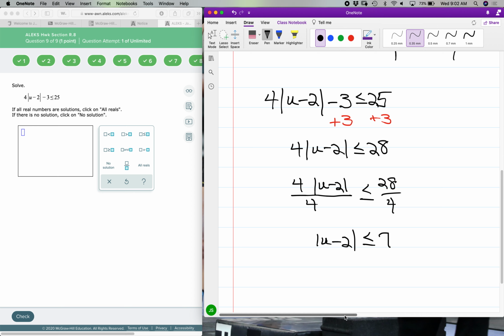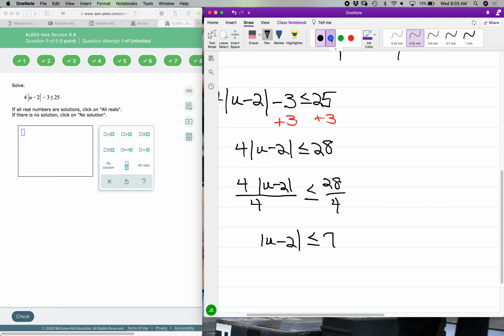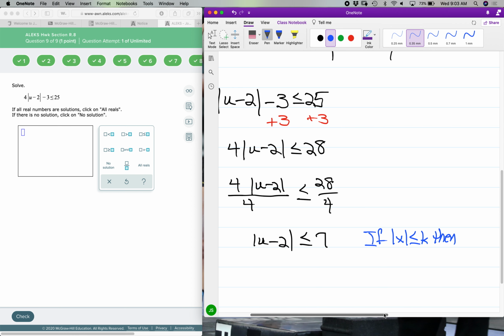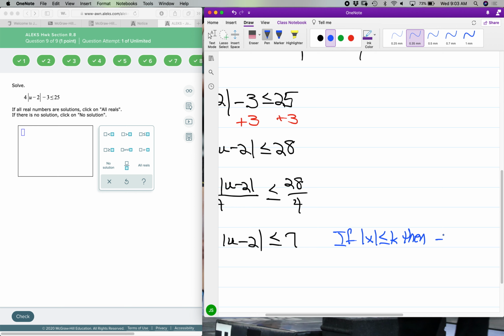There's a rule again that states if the absolute value of x is less than or equal to k, then you're going to have a compound inequality where negative k is less than or equal to x, which in turn is less than or equal to k.